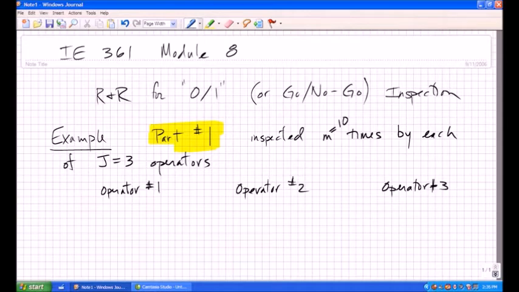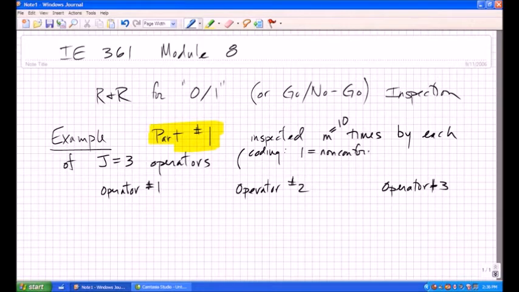So we're going to have to think about something like this part being one of a large number that these operators make calls on without remembering what they called the last time that they inspected the part.